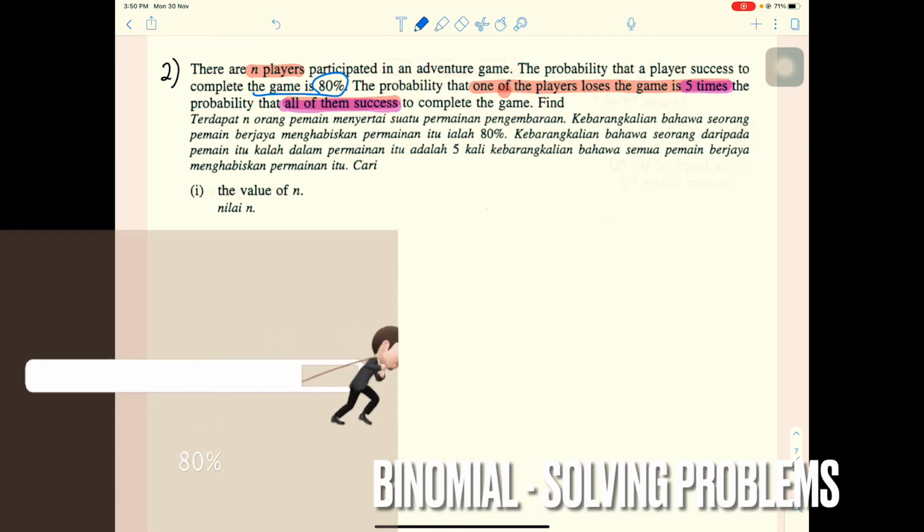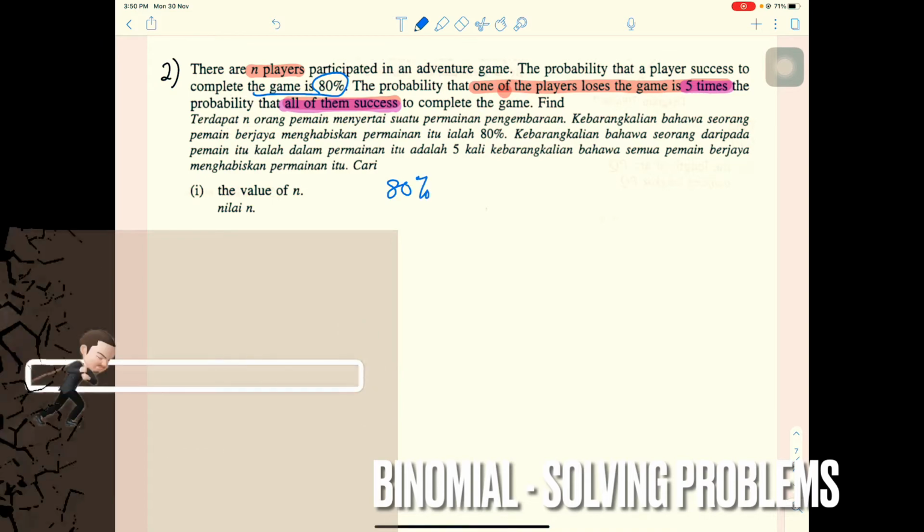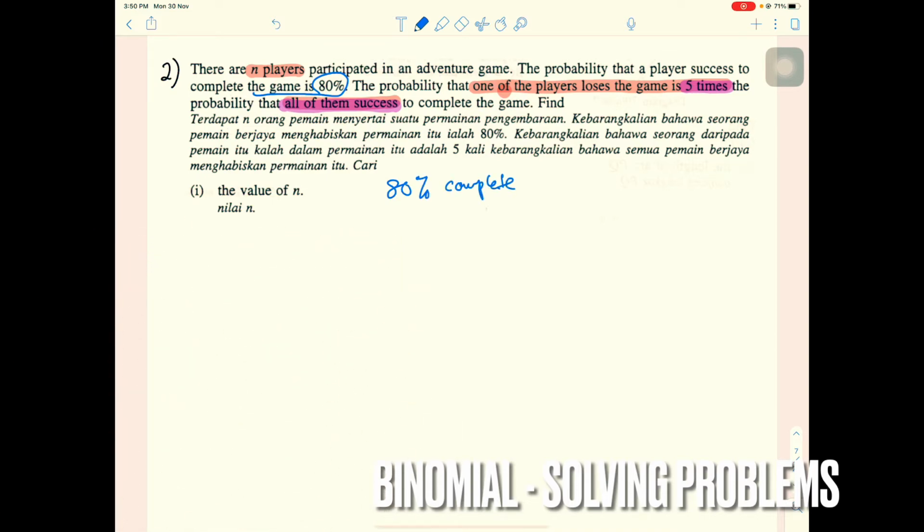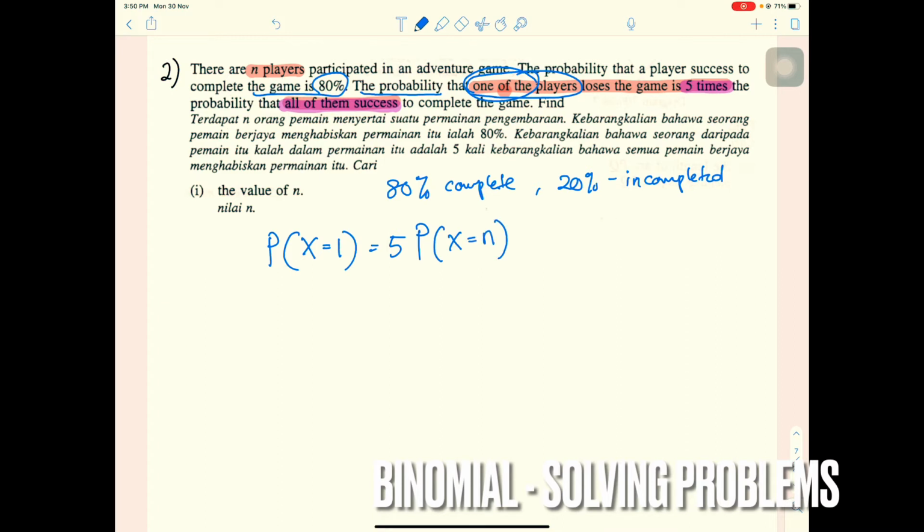Okay, from here as usual we collect the information. As you know, 80% complete and another 20% incomplete the adventure game. So from the statement, the probability of one of the players, that means x equals 1, loses the game, is 5 times the probability that all of them, so x equals n, succeed in completing the game.